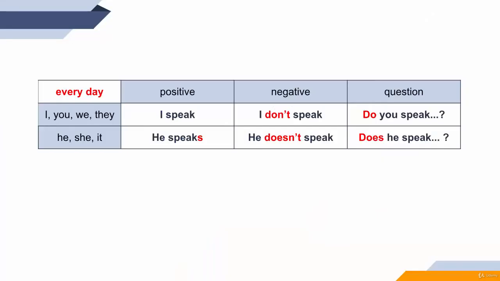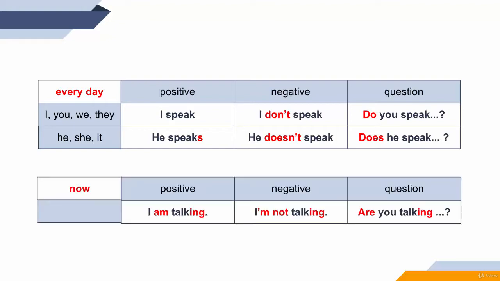So starting with a summary of the two tenses about the present, which you know: present simple, present continuous. When we use them, you know about the time markers. When the time marker indicates that the action happens every day, then you use present simple.